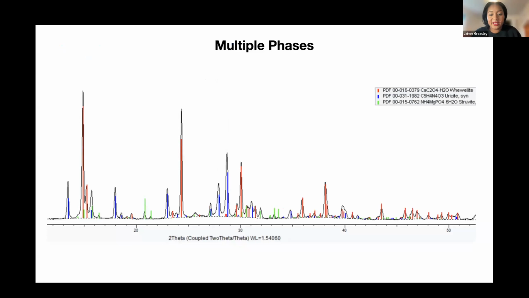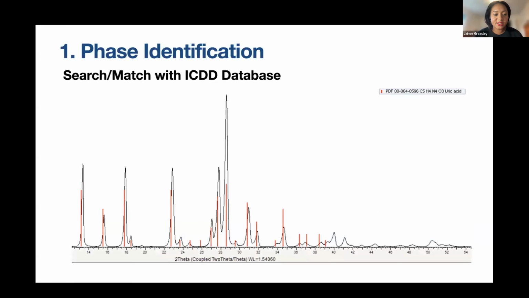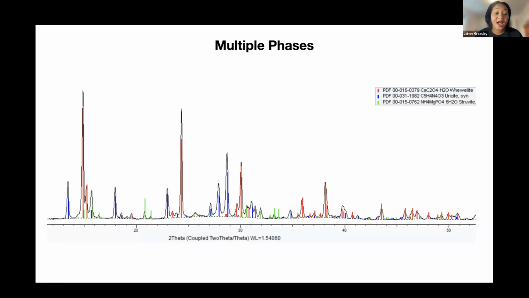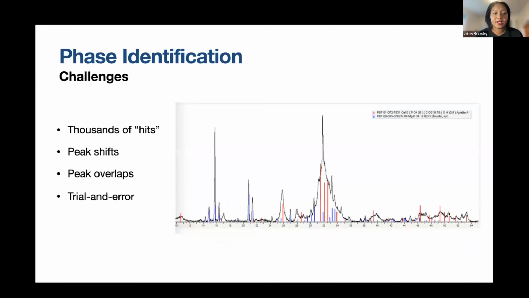Then this is where it gets to multiple phases, and you can see some differences: the reference doesn't perfectly match, and the intensities vary in relation to the reference. So there's shifting, intensity variation, and all those things. Add that to multiple phases in a sample, and you get a complicated picture. It's not very easy, especially if you don't know what to expect from the sample.